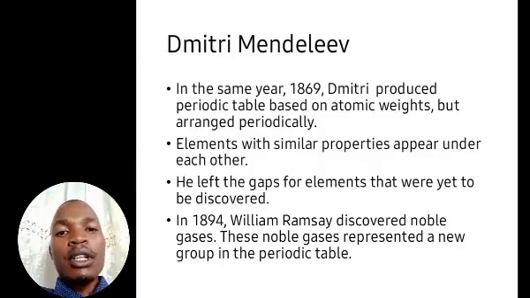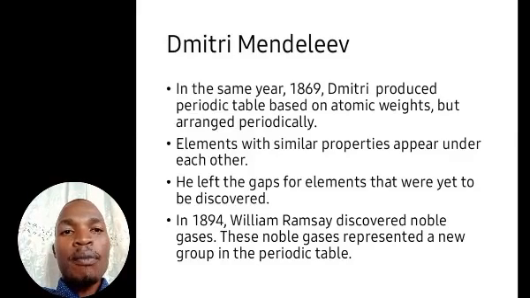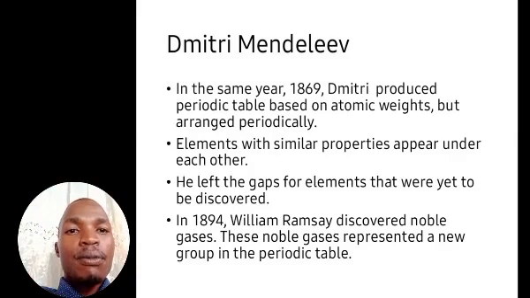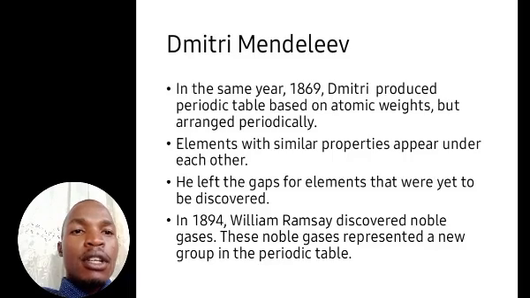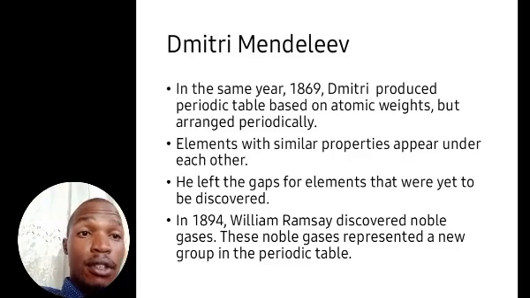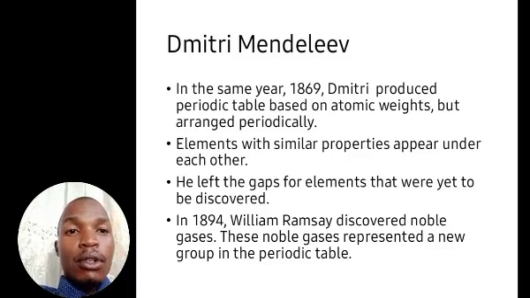Then we move to the next scientist whose name was Dmitri Mendeleev. In the same year, that is 1869, Mendeleev produced a periodic table based on atomic weights, but this time round he arranged them periodically.